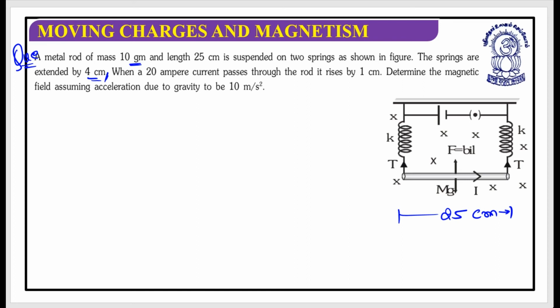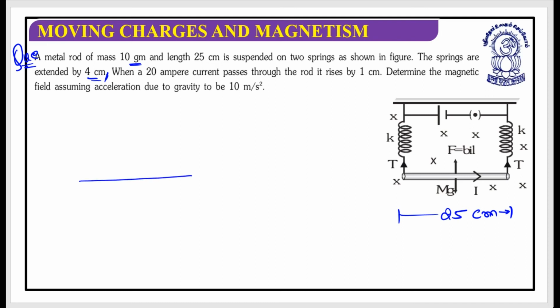So what does it say? It says that the springs are extended by 4 centimeter, and it was the initial equilibrium, but no magnetic force was there. But let's just calculate what amount of forces are acting on the system, and then we will go for the numericals.